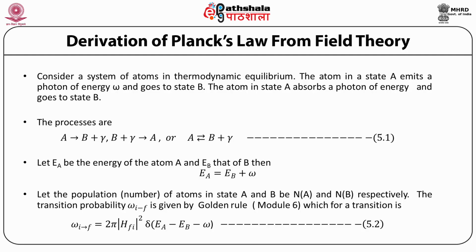The transition probability for the state to go from the initial i to the final state f, omega_if, is given by the golden rule, which was derived in module 6. For a transition i going to f, it is equal to 2 pi into the matrix element H_fi mod square, and the delta function of the energy, namely E_A minus E_B minus omega.